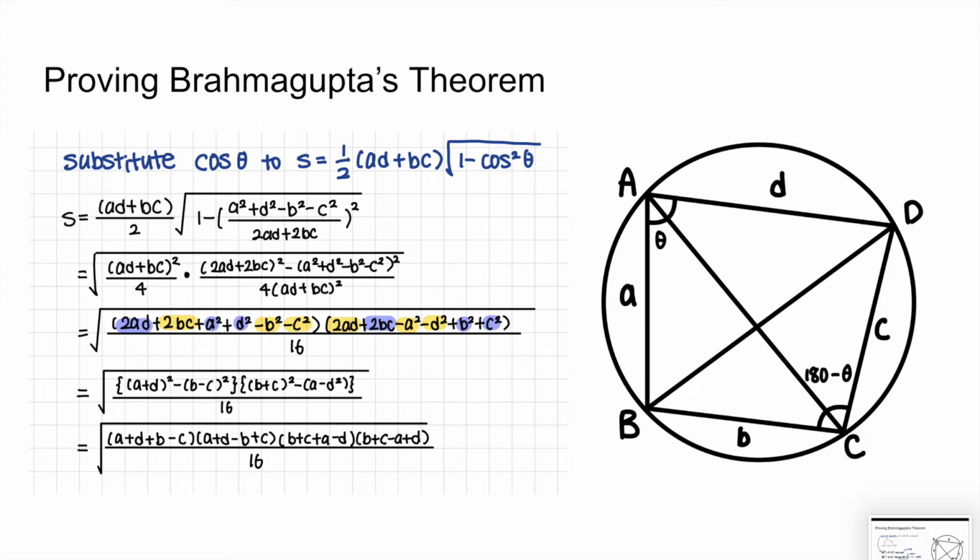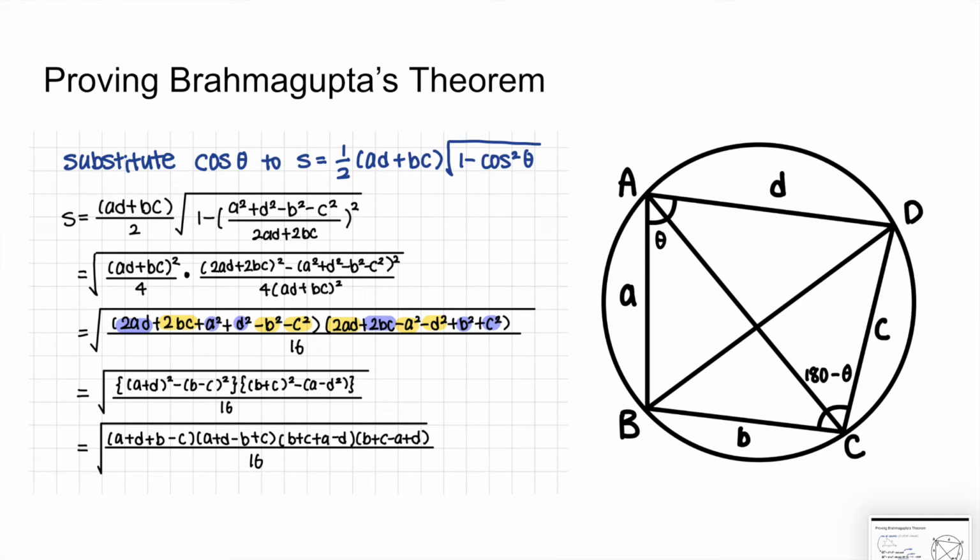So we can substitute this into the equation for the area of the quadrilateral. First, we substitute cosine theta into the equation. Then we take (ad plus bc) divided by 2 in the root and calculate those numbers.